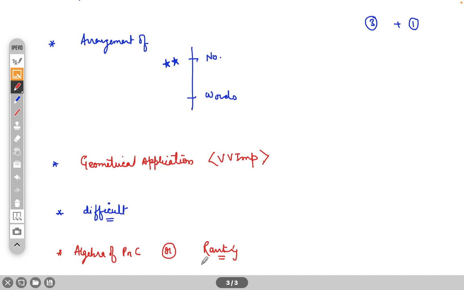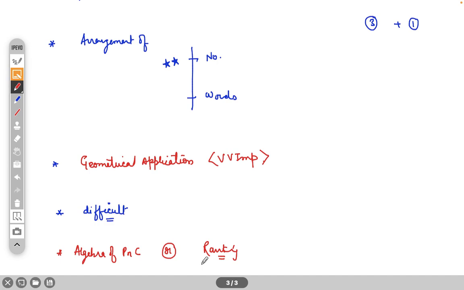In the past two papers, it has been observed, past 2 years, that means 3 papers, that they are not giving questions based on algebra of permutation and combination. Rather, they are giving questions based on ranking of the word. So it can go either way. Either they will break the trend and ask you a question on algebra of permutation and combination, or they will continue the trend and ask you a question based on ranking of the word. Are we clear with this information?